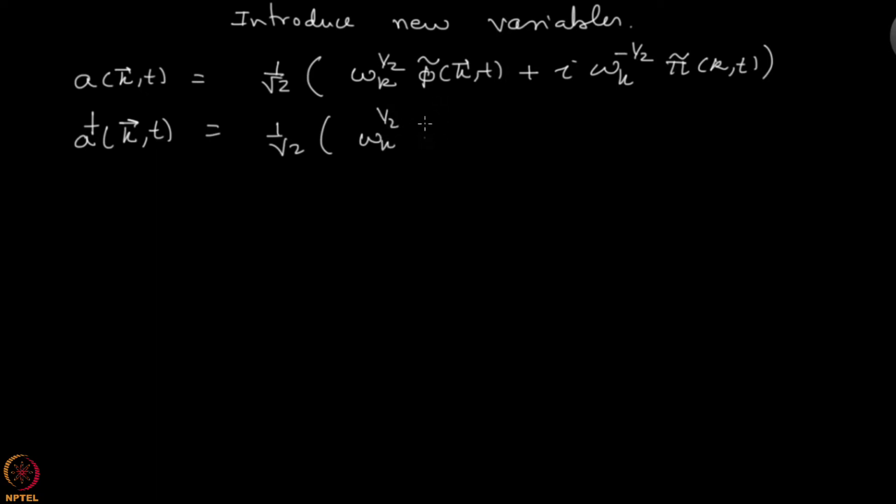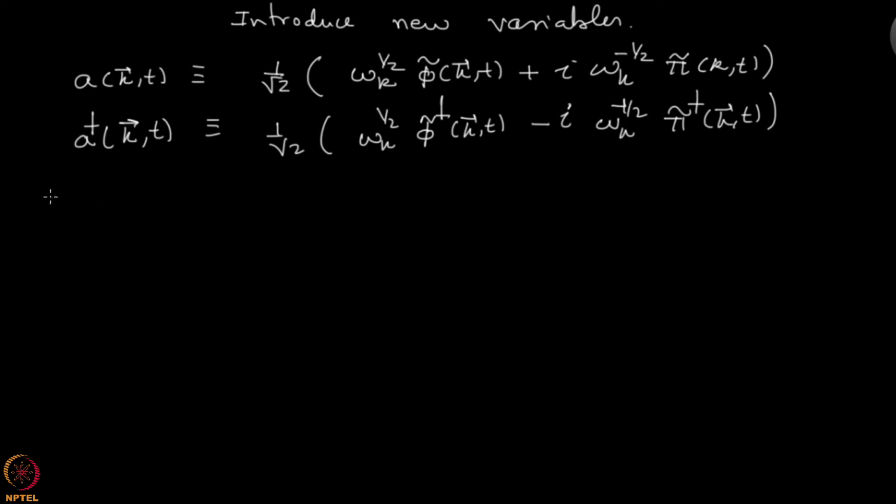Phi tilde becomes phi tilde dagger of k,t, which is related to phi tilde of minus k, but anyway, it doesn't matter. I can still keep it like this. I goes to minus I. This is real, so nothing happens. And this becomes this. So that's the definition I have introduced.